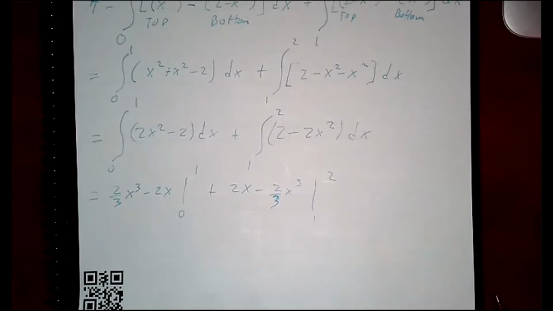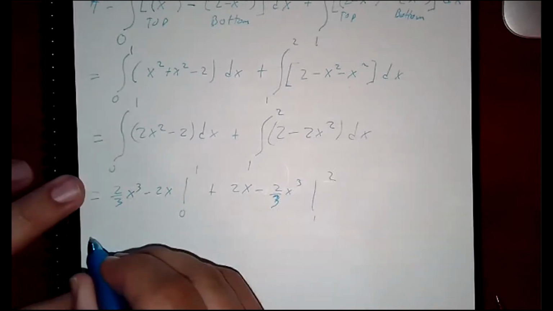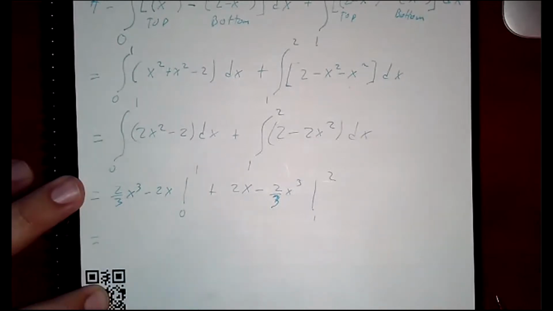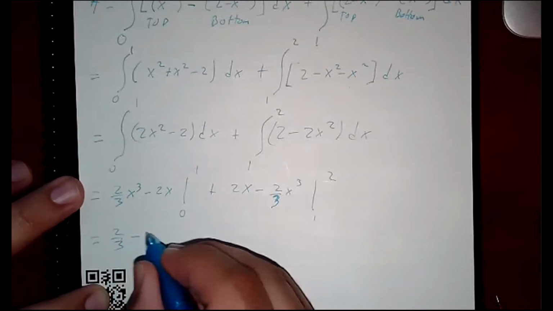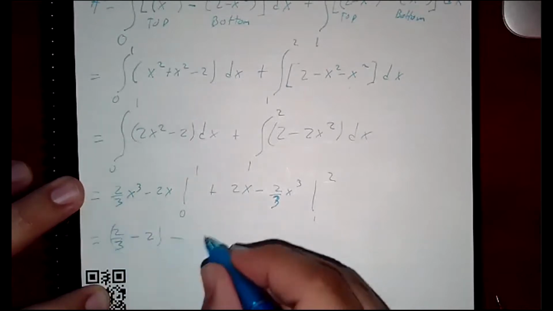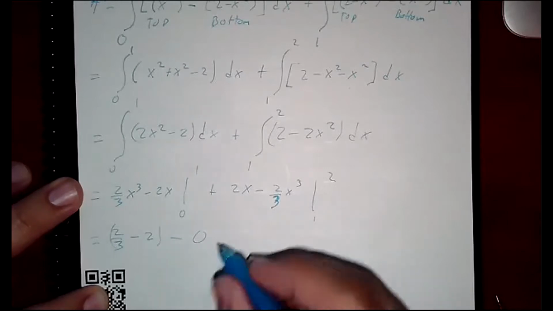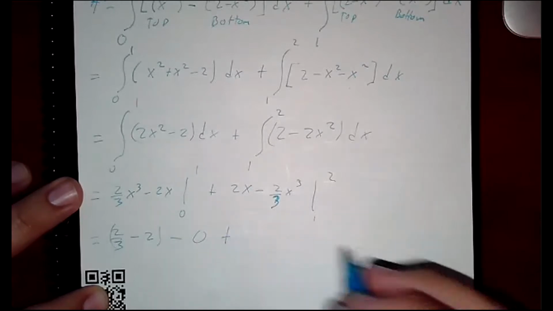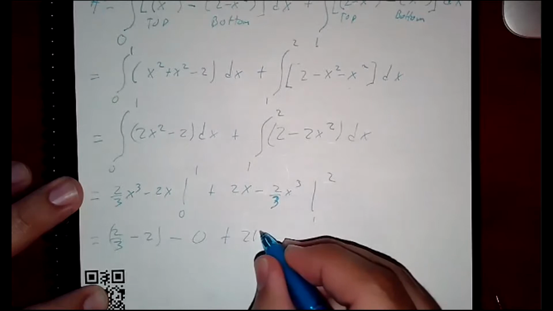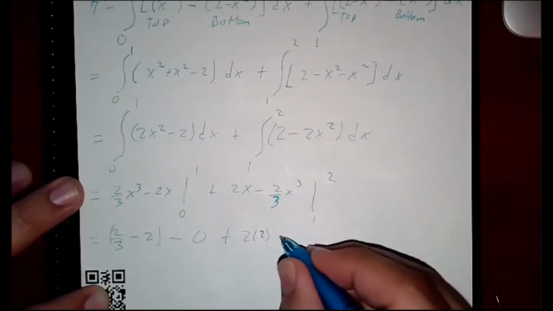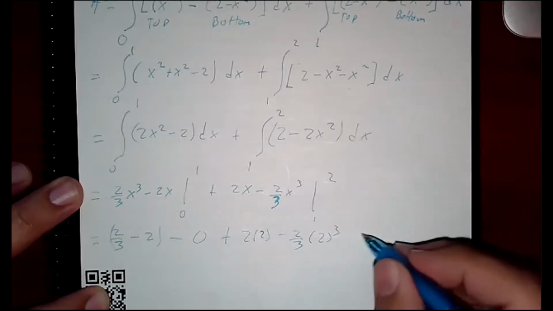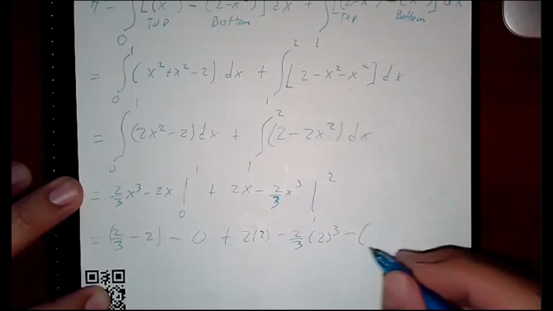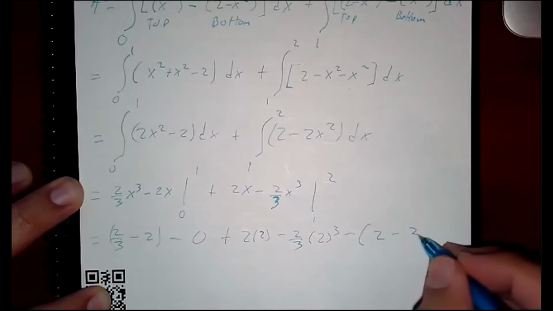And then after all that, all those number things, you're gonna get 2/3 minus 2 minus 0 plus 2 times 2 minus 2/3 2 cubed minus 2 minus 2/3.